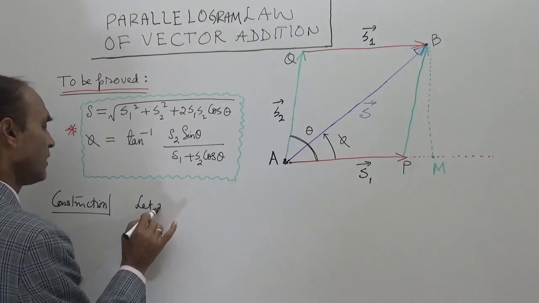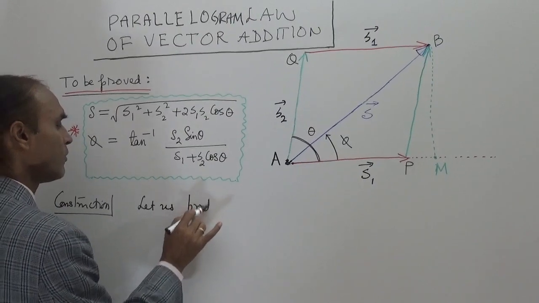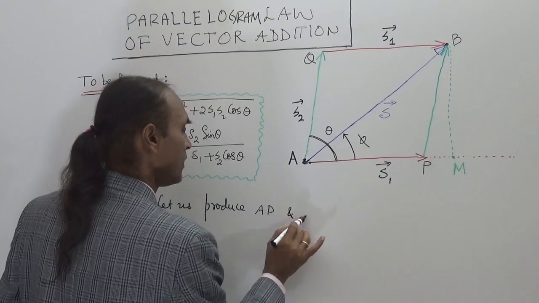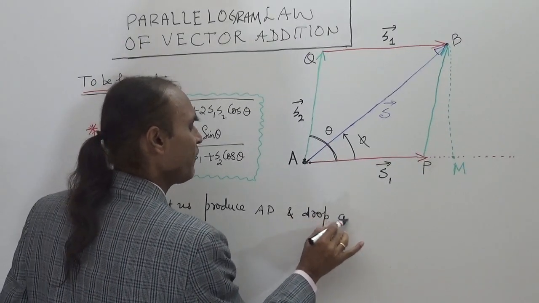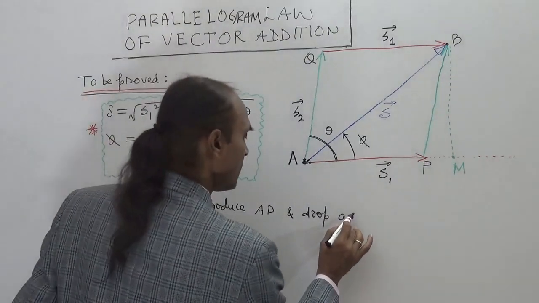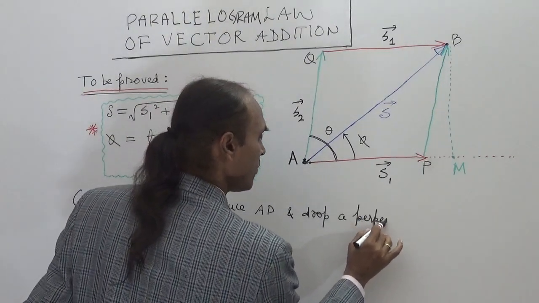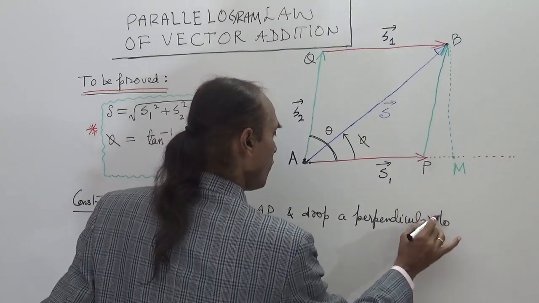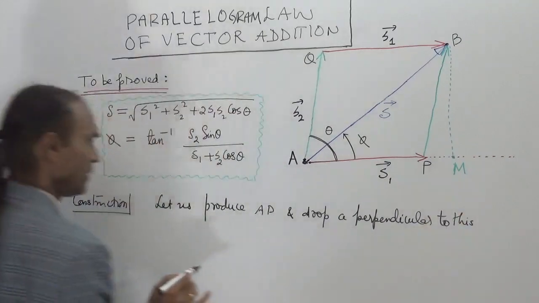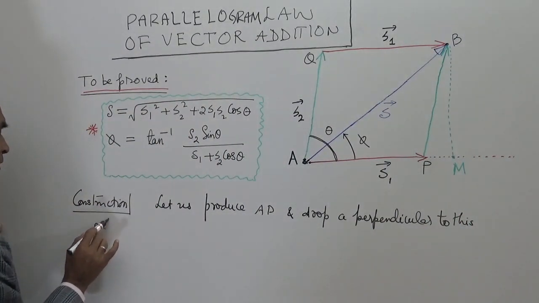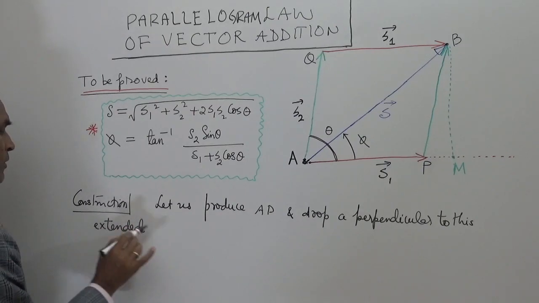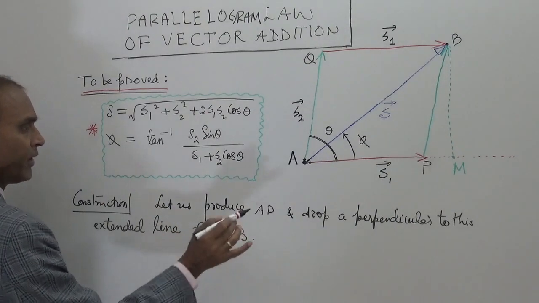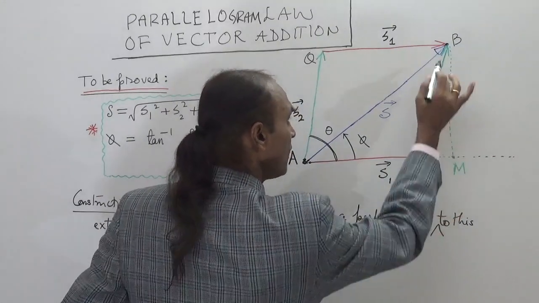Let us produce AP and drop a perpendicular to this extended line from B, the perpendicular BM.